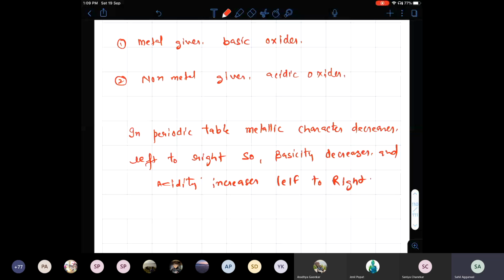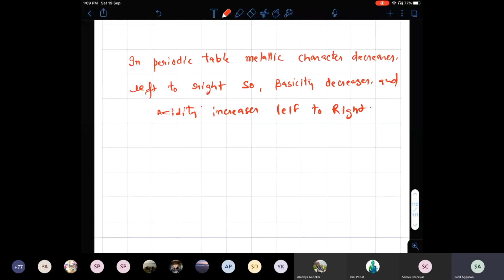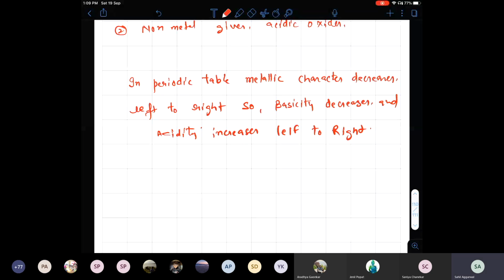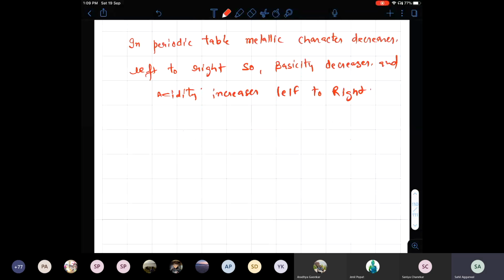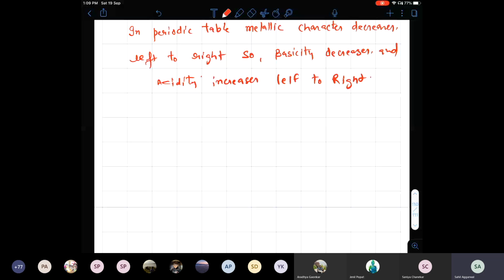See, these are very important things. Since it is all because of size, I should also say that in the periodic table, metallic character increases down the group.